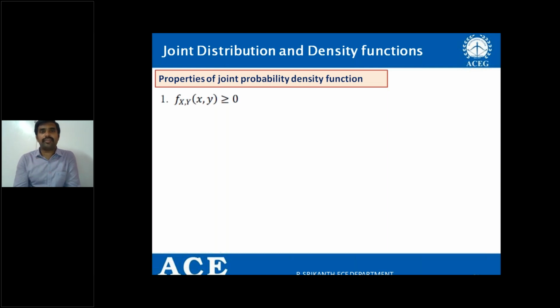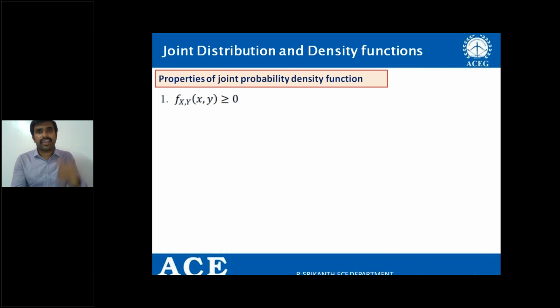First property. Why? Because whenever a function is given, blindly you cannot say that it is a density function or a distribution function. You need to verify and check its properties. Then only you can say that the particular function is a density function. Therefore, we discuss the properties.